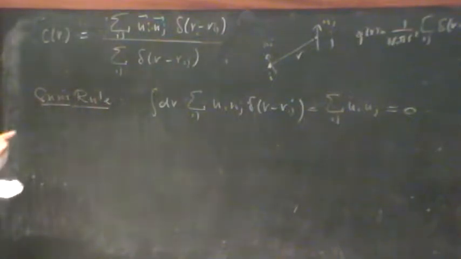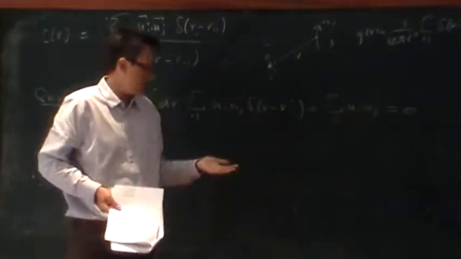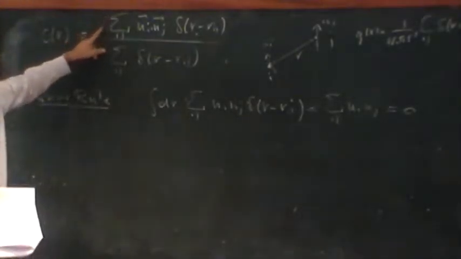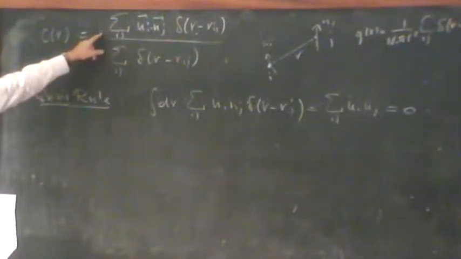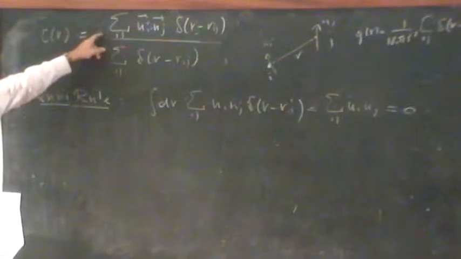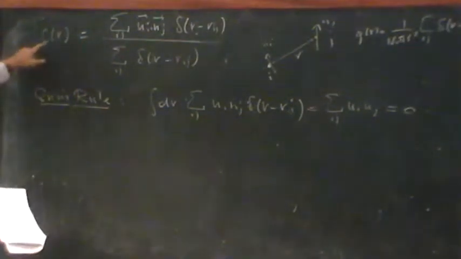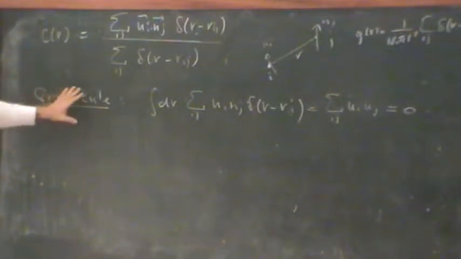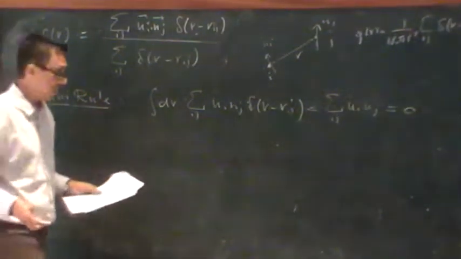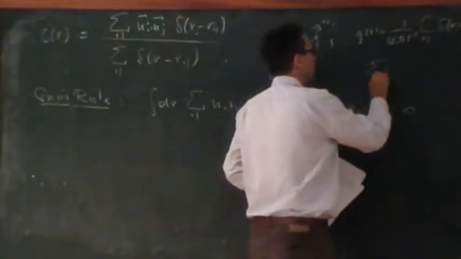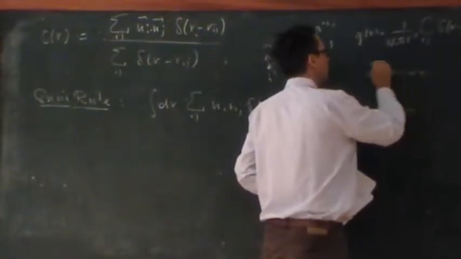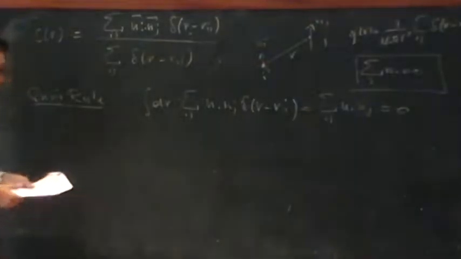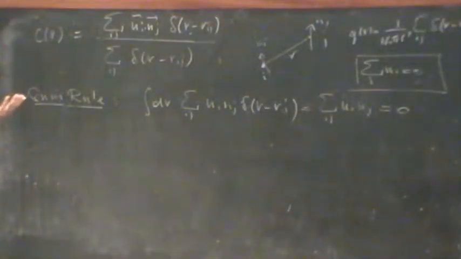The sum over the whole space of the fluctuation is equal to 0. So the integral of the numerator is 0. So the numerator must have a zero. It's a function which has a zero. And so also this function must have a zero. Just because of this simple sum rule. So basically we are only using the fact that the sum over i of u_i is equal to 0.